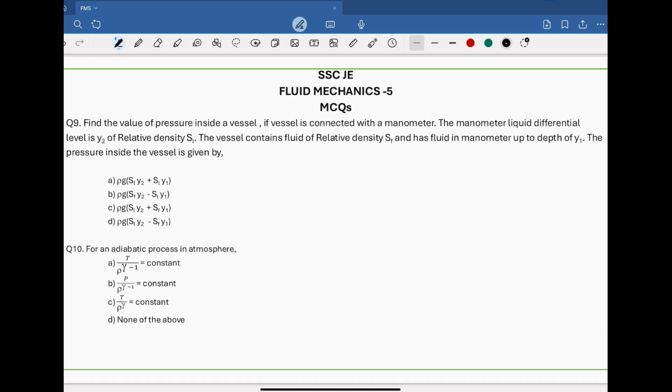Find the value of the pressure inside a vessel if the vessel is connected with a manometer. There is a vessel. Let us say this is one vessel. This vessel is connected to a manometer. This is the manometer. The manometer liquid differential level is Y2, of relative density SL. That means in the manometer there is some liquid, manometer liquid.